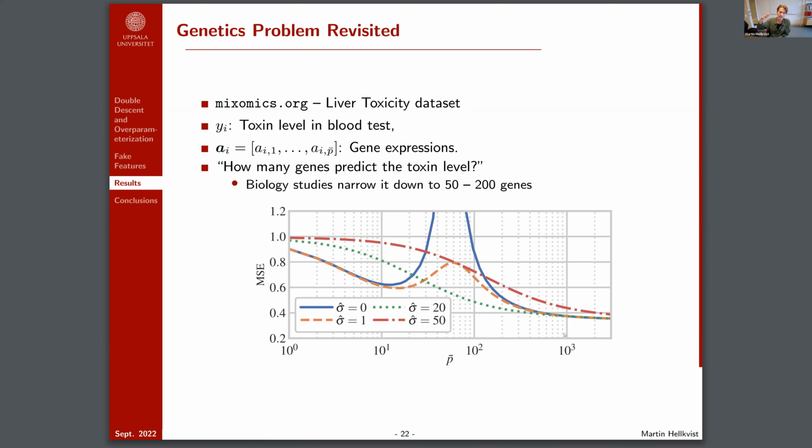And now that we have seen that the fake features can give some implicit regularization to the problem, we can actually interpret this decrease in the overparametrized regime with a lot of these excess genes as them lowering the MSE just by giving this implicit regularization, as we saw from the fake features. So we are interpreting these excess parameters or excess features as fake features in our case.